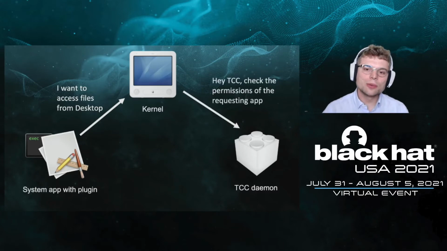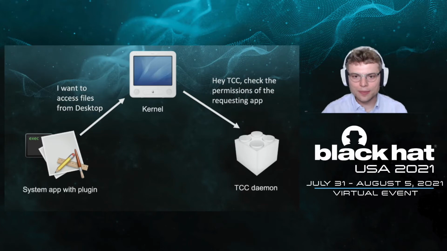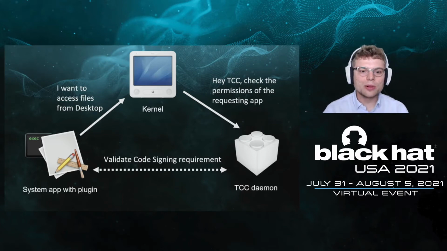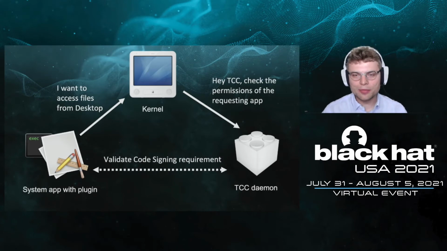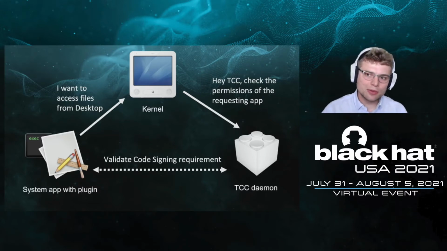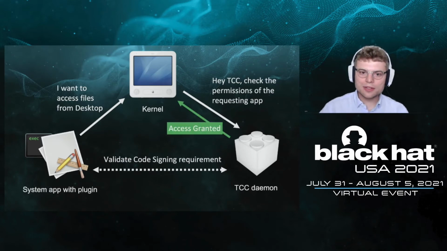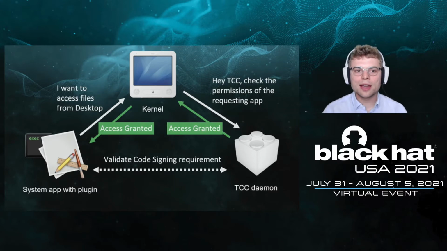The kernel will delegate this decision to the user space TCC daemon. And this daemon will verify the code signing requirement that you saw in the SQLite3 database of the main executable in order to verify if the permission has been granted or not. If it was, the access is granted, and our application can access the files from the desktop.